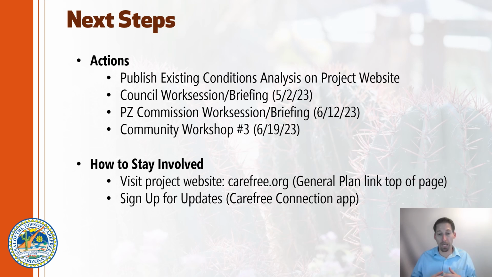That will be followed by a Planning and Zoning Commission work session in June. And then our next community workshop will be June 19th. And so we know that some residents might be traveling over the summer months. If you can't join that in-person meeting, we will again have a virtual option for you to participate.